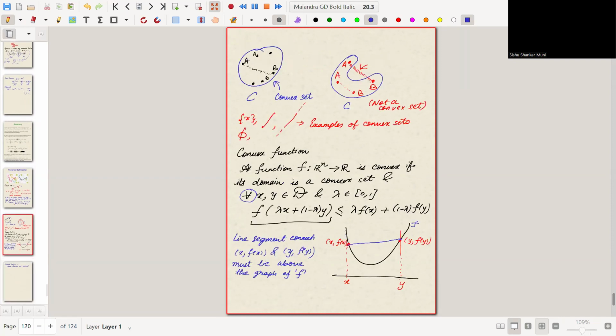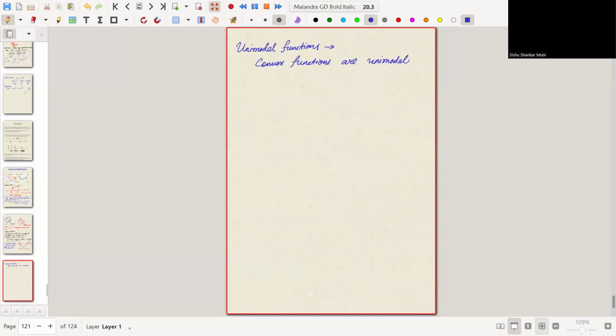How? Can we see this example? So this is a convex function f here. You can see it has one minimum, which is here. So therefore, it's a unimodal function. Now take a unimodal function and say that it is a convex function.